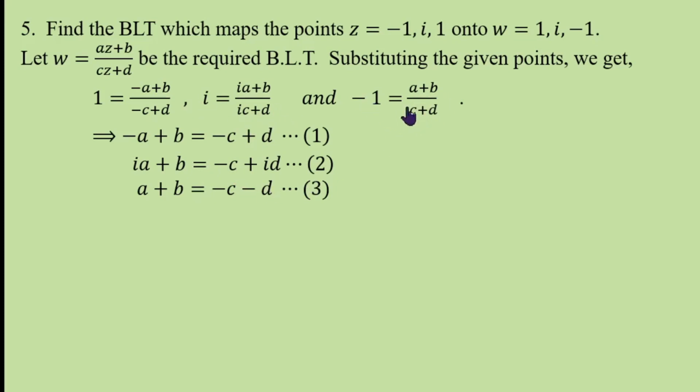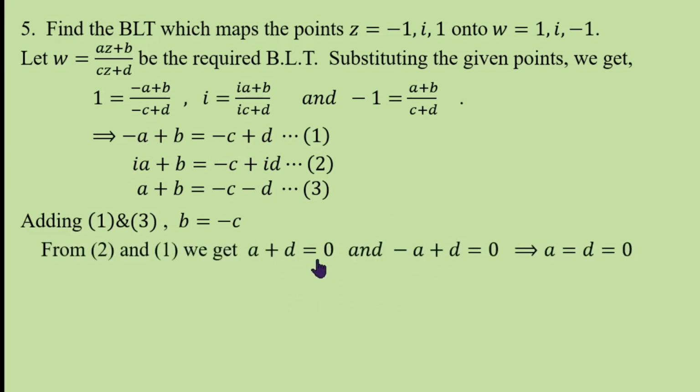A plus B is minus C minus D. If you add the first and third equation, A cancels and D cancels, B becomes minus C, B equal to minus C. When B equal to minus C, cancel B and minus C, iA equal to iD means A equal to D, and here minus A equal to D. A equal to D, minus A equal to D. That means A plus D is 0, minus A plus D is 0, means A and D both are 0.